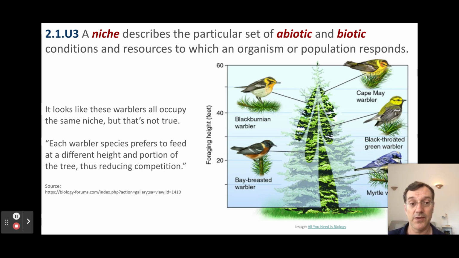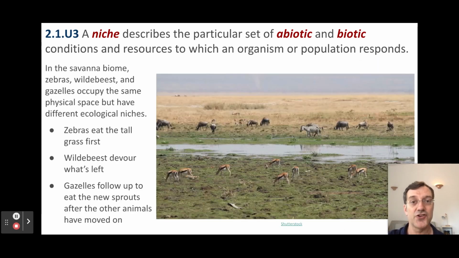Some of them may specifically be focused on seeds. Some of them may be insect hunters. Some of them tend to physically occupy the upper layers of the canopy. Some of them live closer to the ground. And by occupying different physical spaces within that tree, the warblers avoid competition and they've secured their own unique role or niche within the environment.